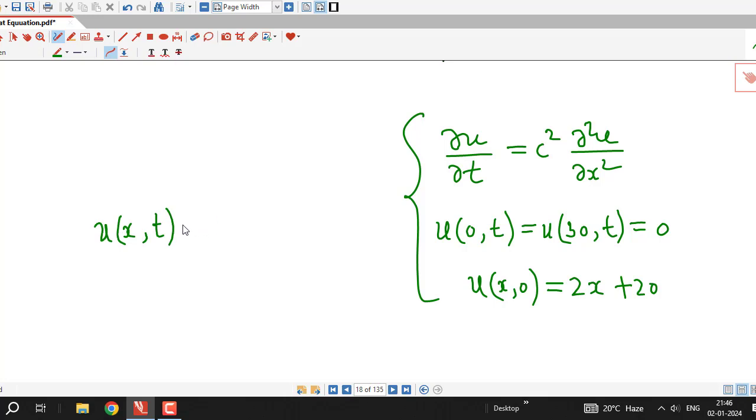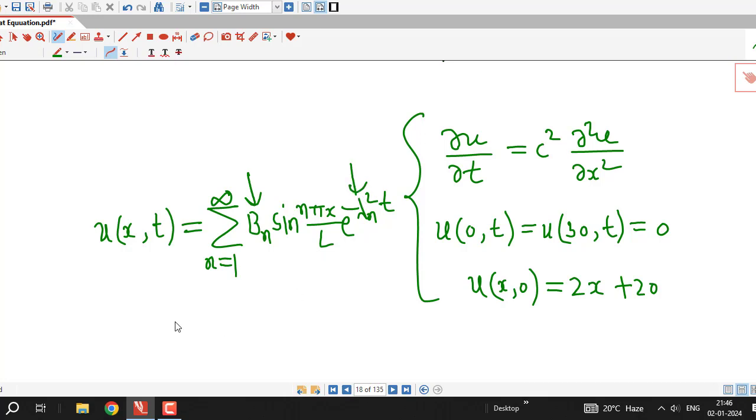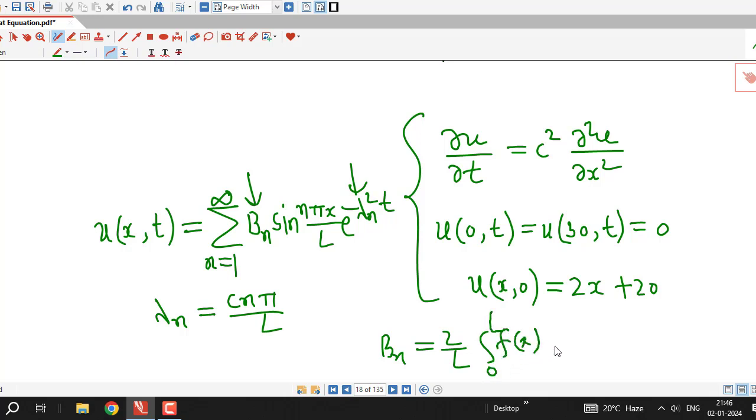We know that the solution is given by the sum of bn times sin n pi x by L times e raised to minus lambda n square t, n equal to 1 to infinity, where bn and lambda n have their formulas. Lambda n is c n pi over L, and bn is given by 2 by L integral from 0 to L of f(x) sin n pi x by L with respect to x.